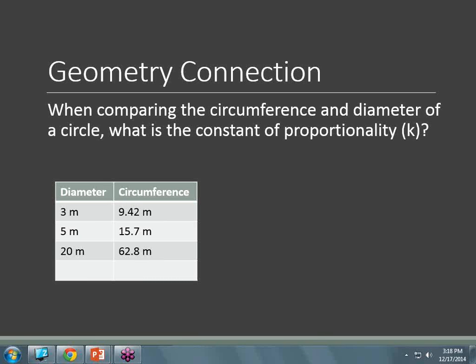I wonder if a couple people could chat this. We're talking about circumference and diameter and the way that they're related. What's the very simple, familiar formula that shows how circumference and diameter are related?